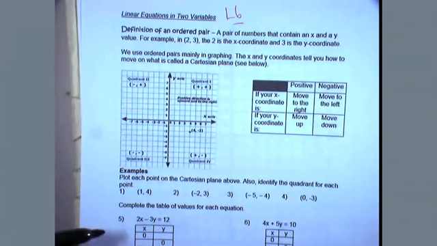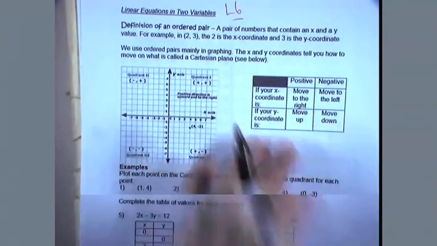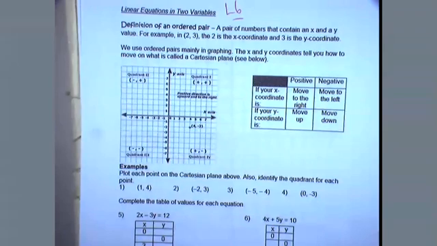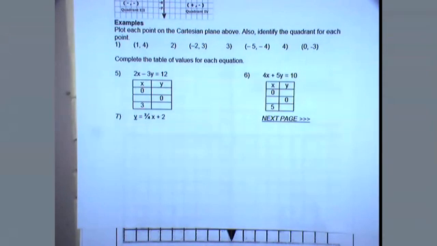Now, one thing that we can do with the Cartesian plane and also the x and y coordinates is that we can complete a table for an equation. Now, I want to go over the different types of equations.